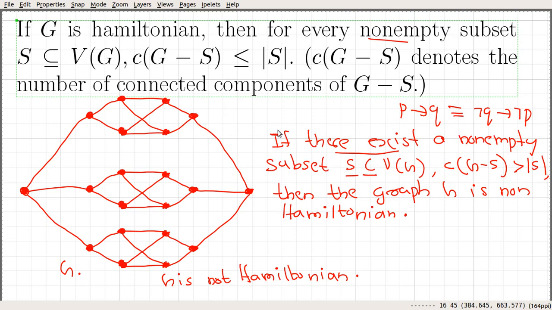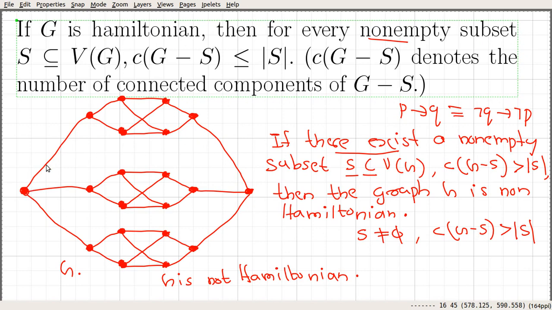The main thing is we have to choose a non-empty subset S such that the number of connected components of G minus S is greater than the size of the set. Okay, so let's try to find a subset here that satisfies this condition.